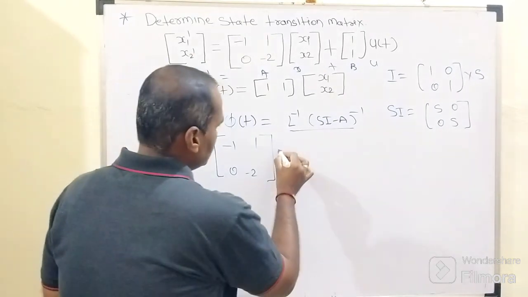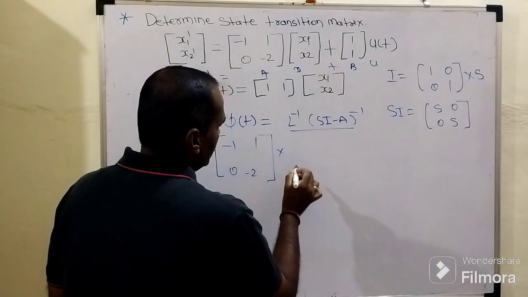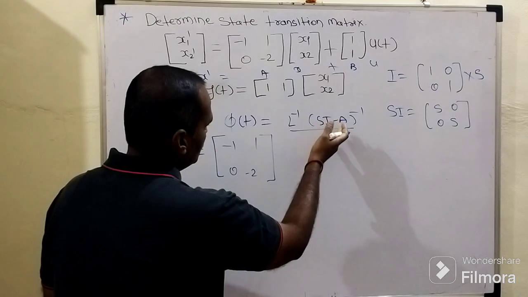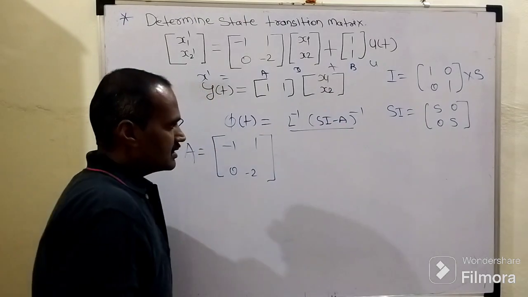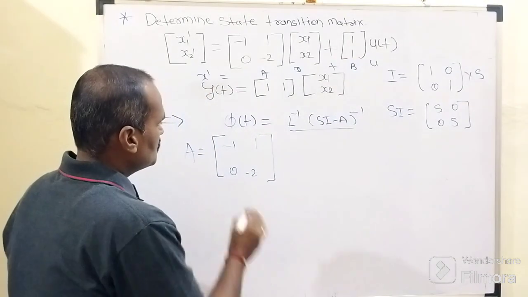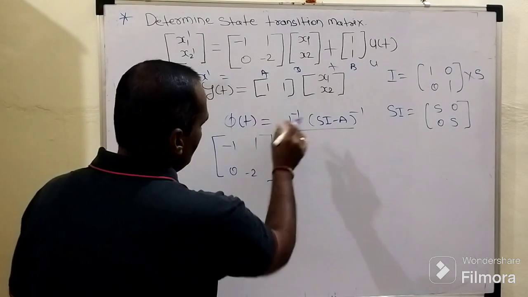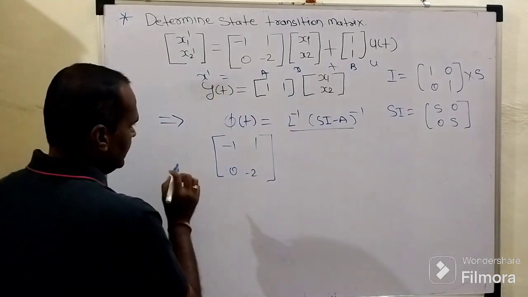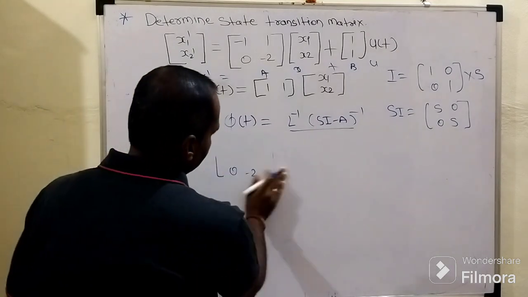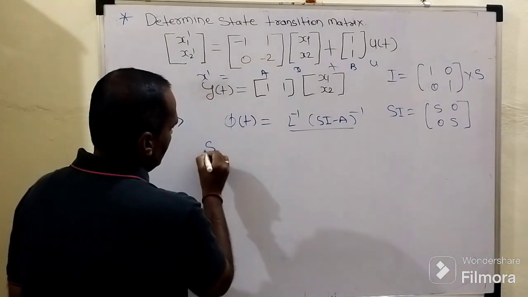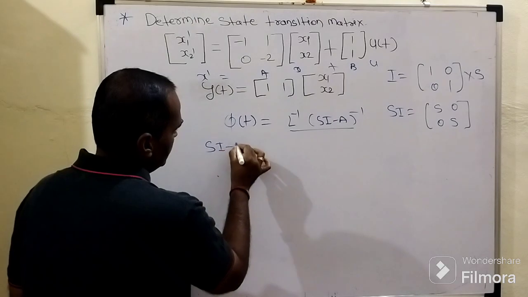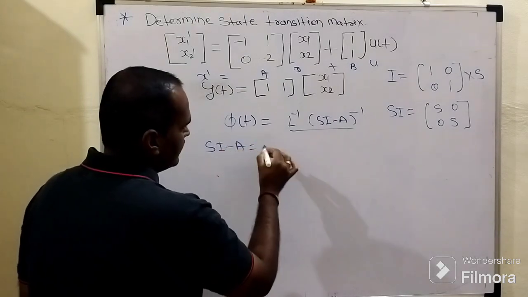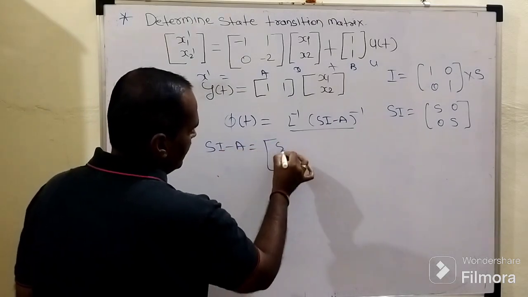So this matrix is used, in order to get the state transition matrix, and what we need to do here is phi of t equals (sI minus A). So here I will write: sI minus A equals what? The sI matrix is nothing but what?